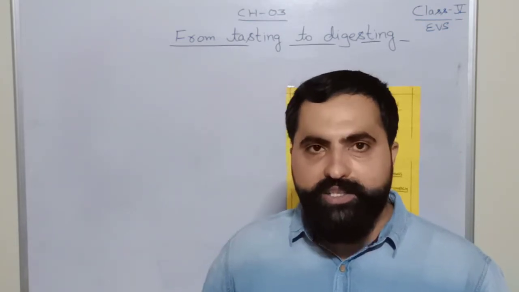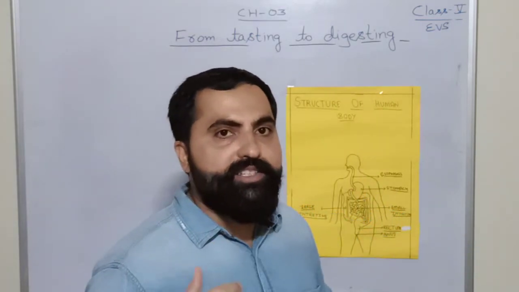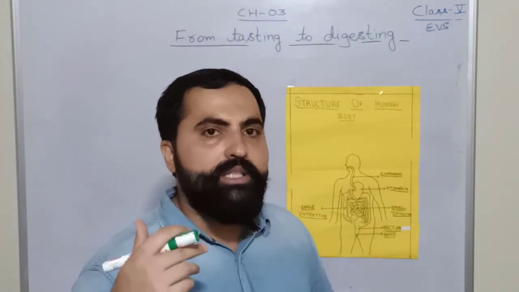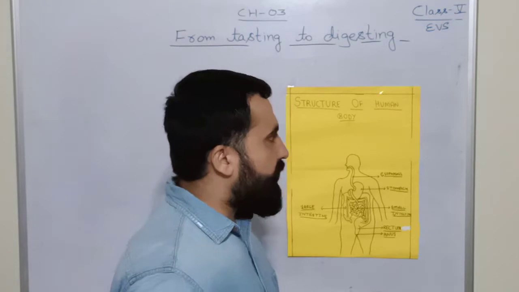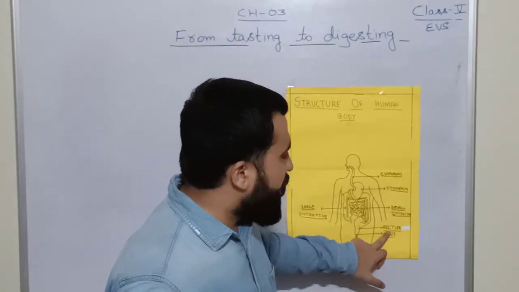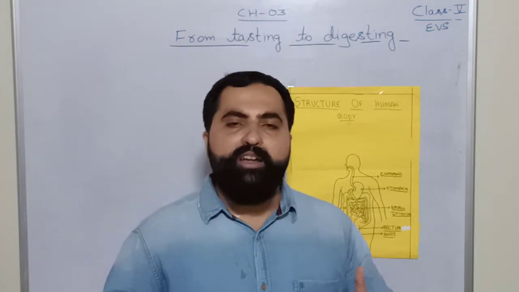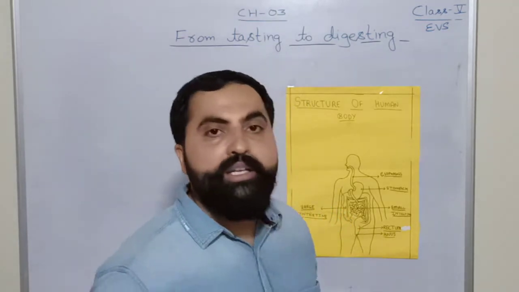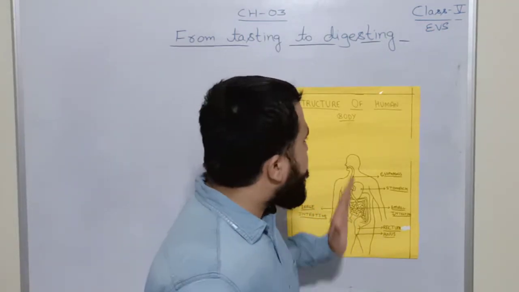Then the large intestine absorbs the water. At the end of the large intestine it is stored, and that is called the rectum. And from time to time we remove the undigested food through the anus. So that is the digestive process.